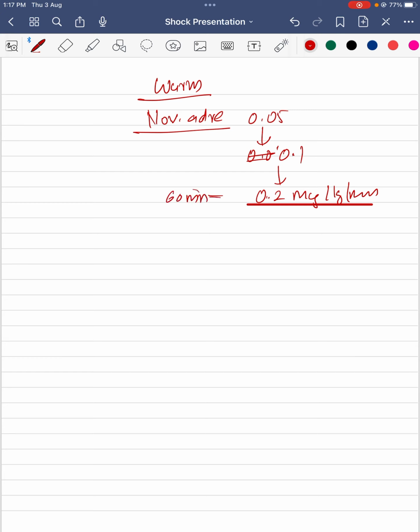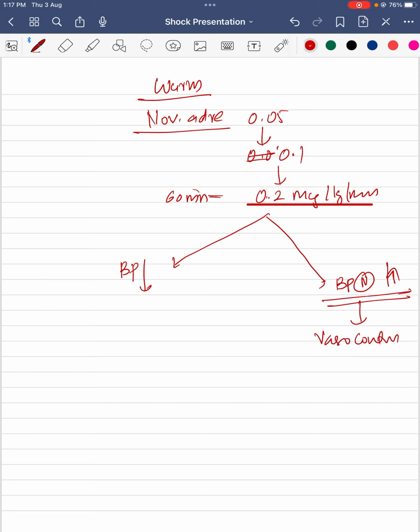Then look at the BP: reduced, normal, or increased. If BP is normal or increased, one more vasoconstrictor is not needed because the BP has already started increasing. So stop the vasoconstrictor there.